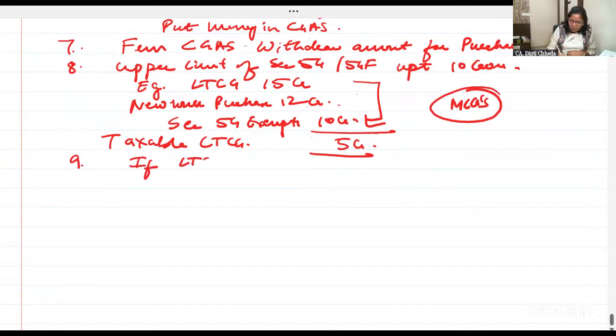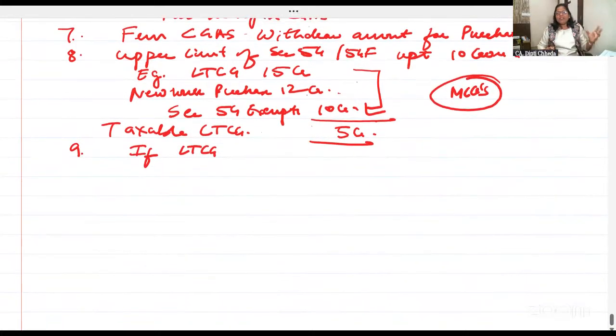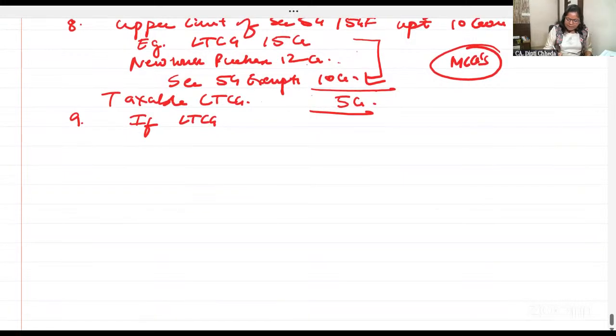If individual and HUF sell the house and buy the house, and if long-term capital gain is less than or up to 2 crore. These are just pointers which I'm making you write. Then I'll teach all the exemptions and we'll see left to right also.